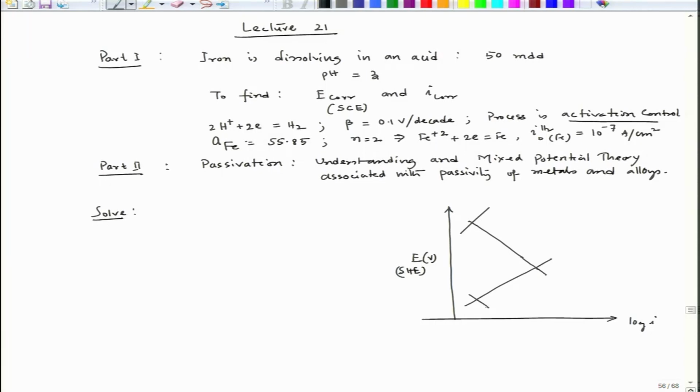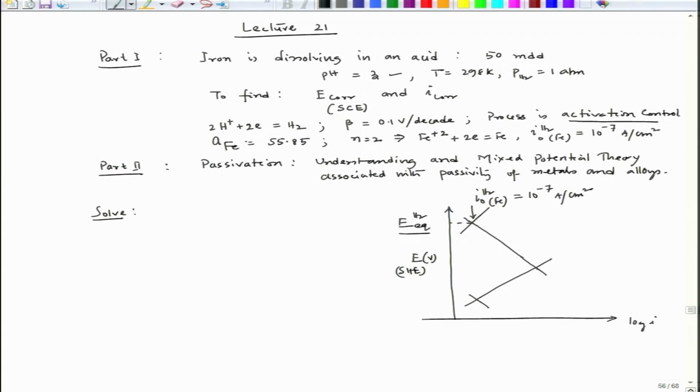So, if we see this, that means this point is I0 for hydrogen over iron surface equal to 10 to the power minus 7 ampere per centimeter square, and this potential is E equilibrium for hydrogen, and this particular quantity can be found out because we have mentioned pH to be 3, and this is at temperature T equal to 298 Kelvin, that means room temperature, and pressure of hydrogen equal to 1 atmosphere.